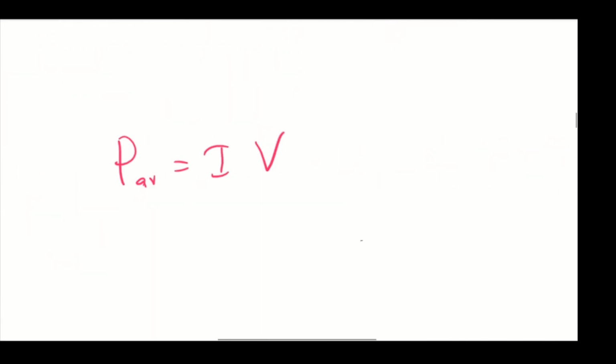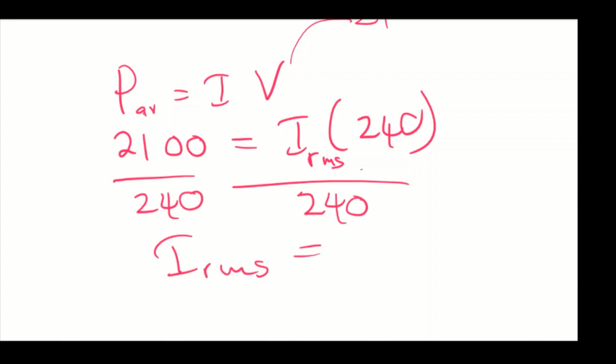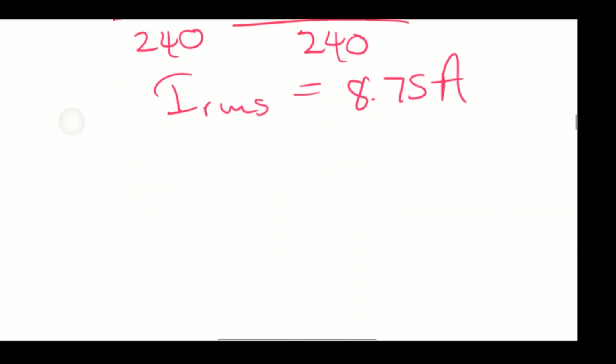So 2100 watts equals I times 240. The I that we will calculate here is the RMS I. We divide by 240 both sides. So I RMS gives you 8.75 amperes. But we want the Imax, maximum current.